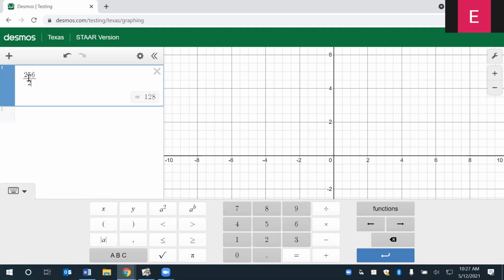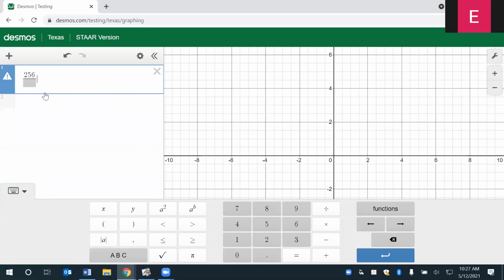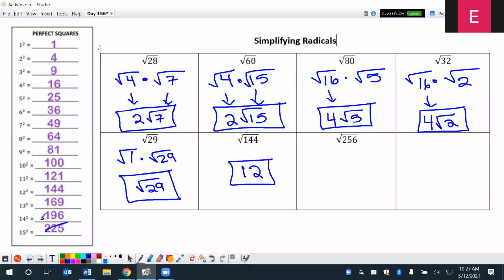That one gave me a decimal. It doesn't work. 225 didn't work. 196, 169. 169 didn't work. And so you go up your list like that. I'm going to tell you what it is. You didn't go through all of them. The one that works is 64.